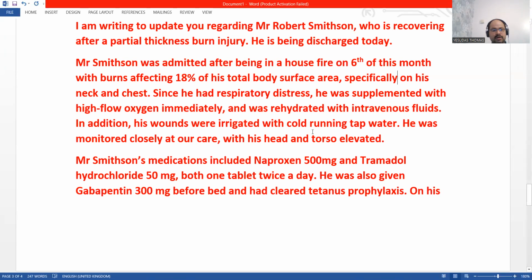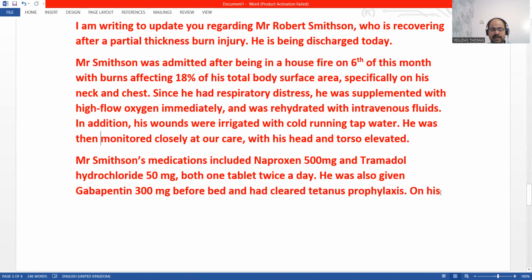Okay, now I can join these two sentences. In addition, his wounds were irrigated with cold running tap water. He was then monitored closely at our care. So now it got connected. So after doing these preliminary things, he was closely monitored.